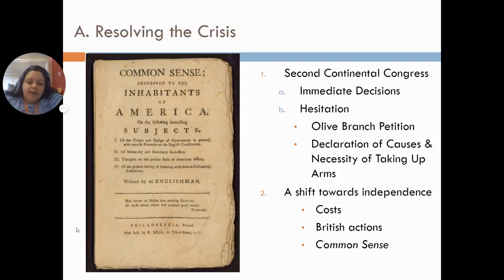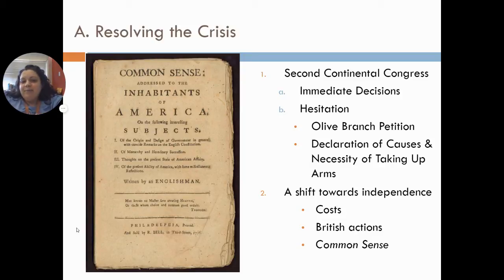He argued that reconciling, or basically apologizing and moving on with the British, was impossible. He's basically arguing that overthrowing the British crown was justified. One of his arguments was, if you have an abusive ruler, you have the right to overthrow them.